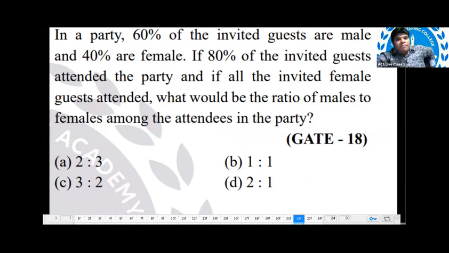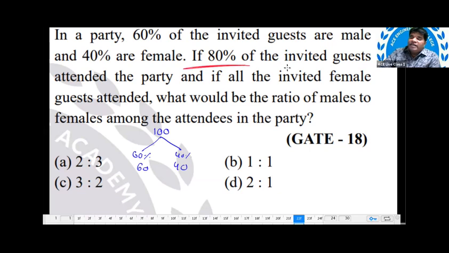Okay, tell me. In a party, 60% of invited guests are male, 40% female. So total, whatever the percentage, for anything, how much percentage total means 100. In the 100, 60% male, 60% male means 60, female 40%. So that is 40. Is it okay? Next, 80% of invited guests attended. Not everyone we invite comes, 80% of invited guests attended. 80% attended means how many people attended? 80, because compared with 100. Now next, all female guests attended. All female guests attended means all 40 females attended. What is the remaining? 40.